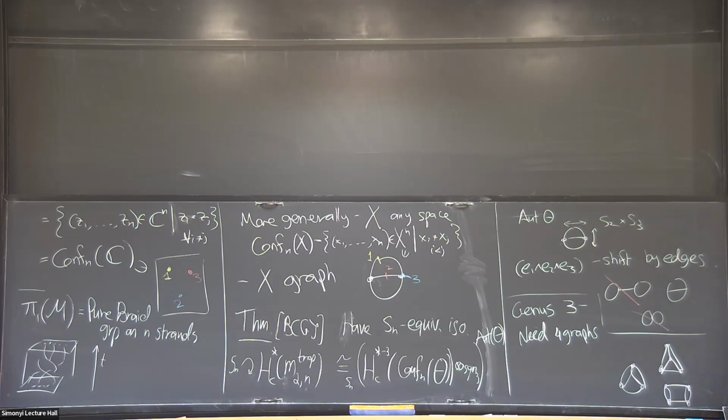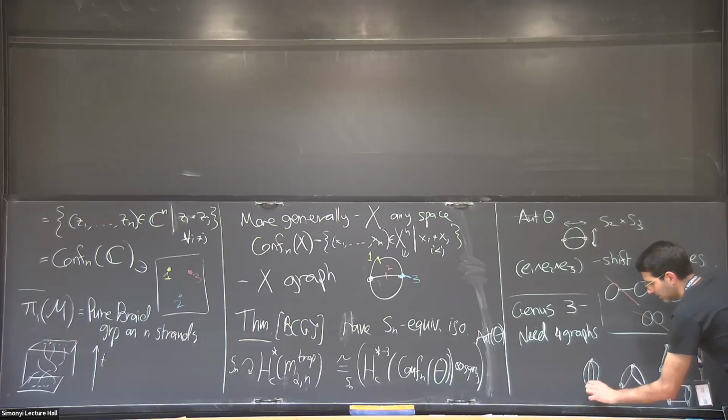This looks like a pair of goggles. And then if you collapse the edge at the bottom, you just get 2 edges. And these are the only graphs of genus 3 that don't have a separating vertex. But you still have 4 of them.